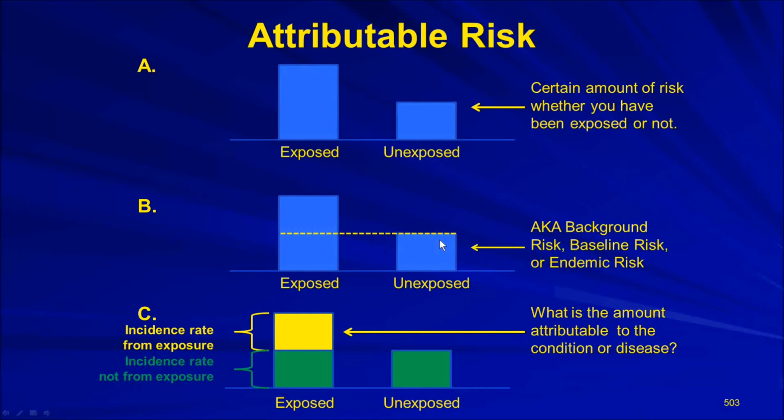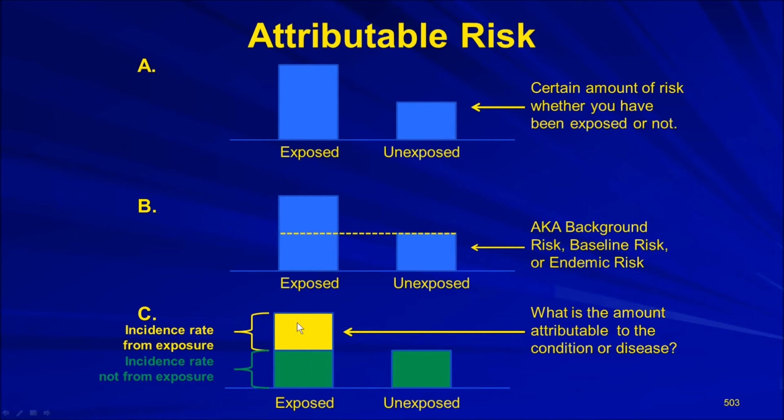Now, if you subtract, which we're going to do, this is the unexposed group, and this is the number of people who are going to become ill even though they didn't smoke. They're going to develop lung cancer even though they didn't smoke. And so we're going to subtract these two, and this is the attributable risk to smoking right here, not this. This is the baseline amount. So what is the amount attributed to the condition or disease?